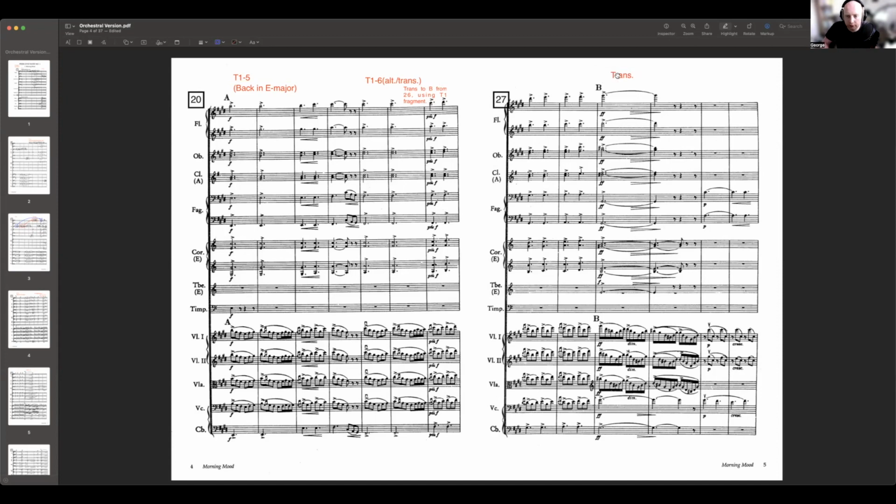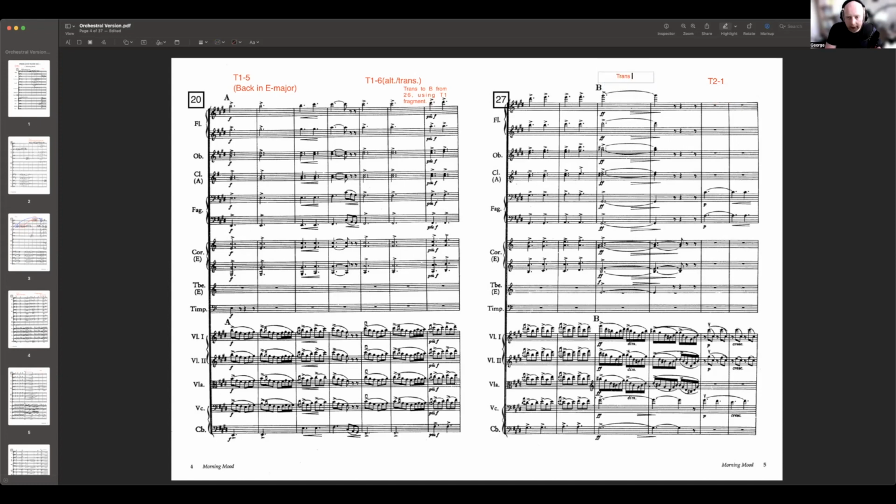Should use my other one. What I'll do is use this here, since it's already there, T2, 1. So obviously theme 2, first iteration. We're expecting a few more iterations of this theme, repetitions or other variations.